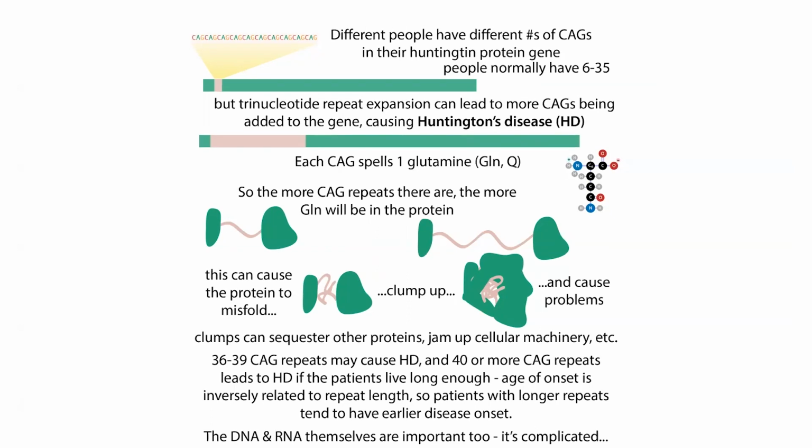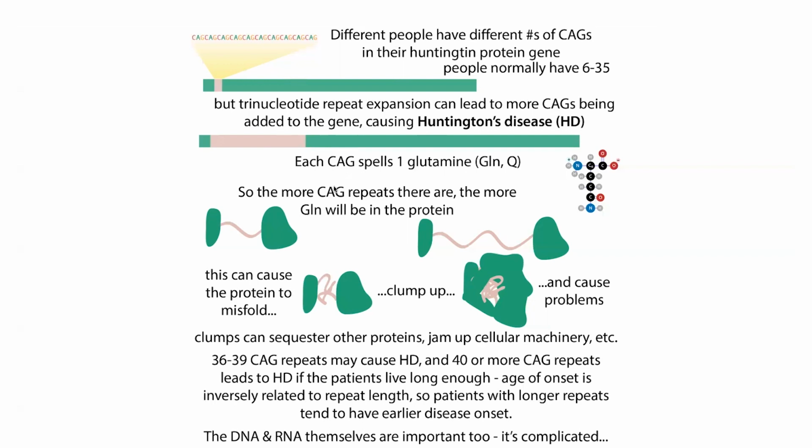And the mRNA itself can sequester various things that are needed, so there's a lot of research trying to figure out the role of the RNA level. A lot of the recent research has been trying to lower the levels of the faulty messenger RNA, such as by using antisense oligonucleotides. So basically modified nucleotides, like RNA or DNA, but modified so that it's chemically stronger, can be used to block the use of this gene or of the mRNA.